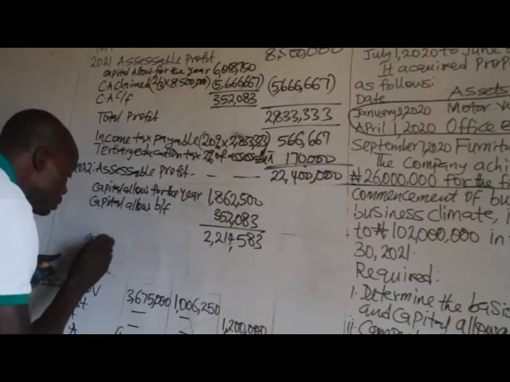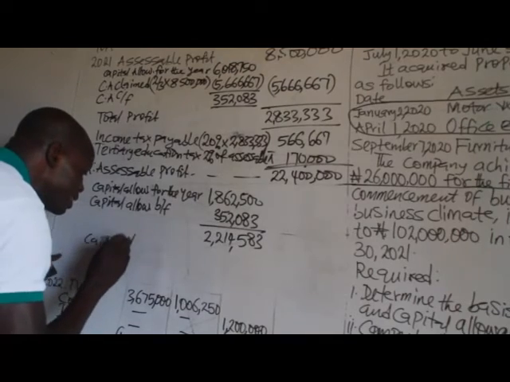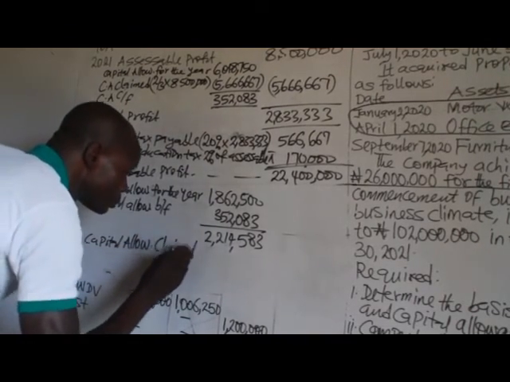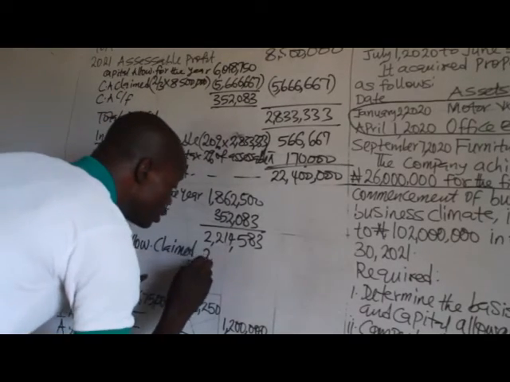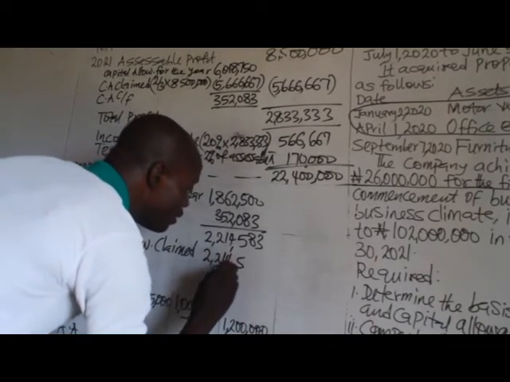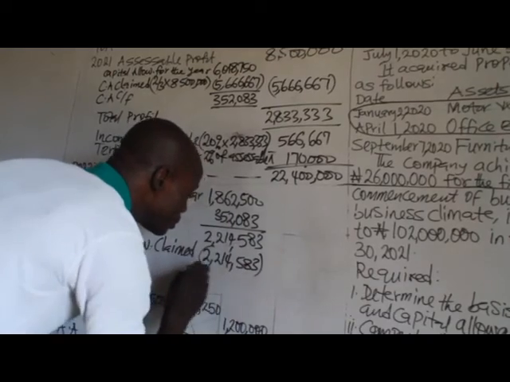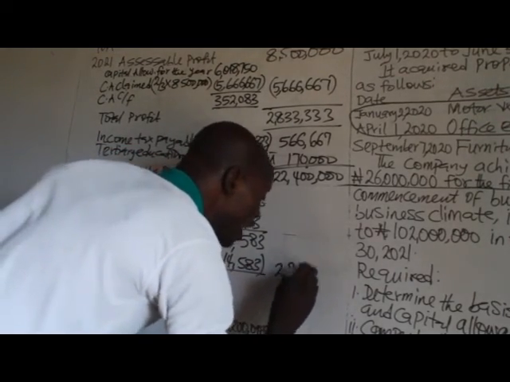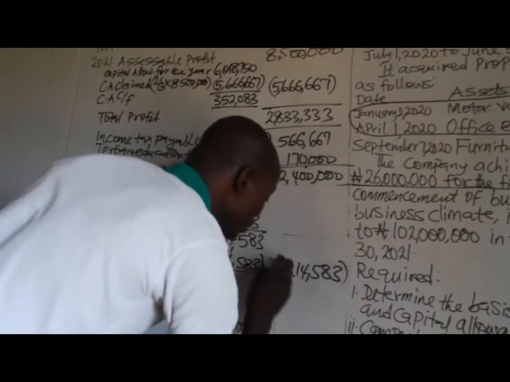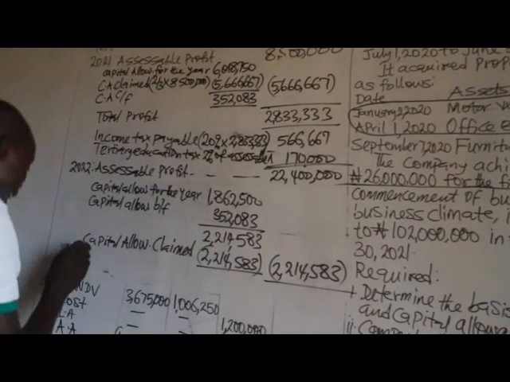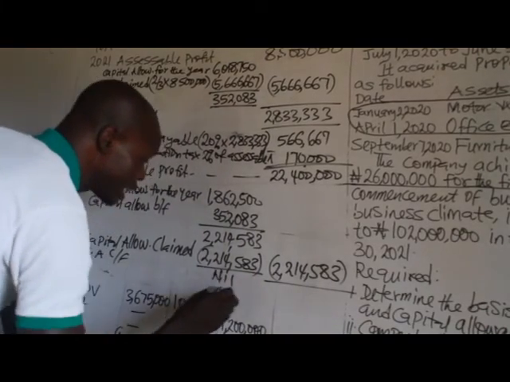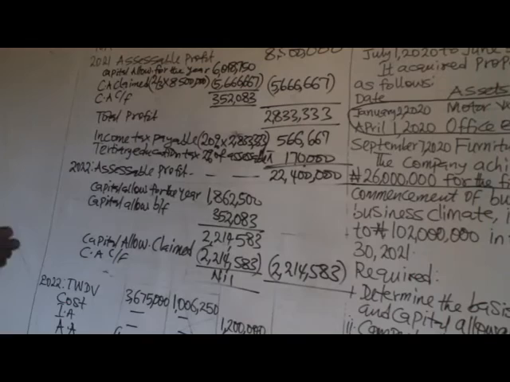Capital allowance claimed: 2,214,583. Capital allowance carried forward will be nil since the capital allowance has been claimed in full.